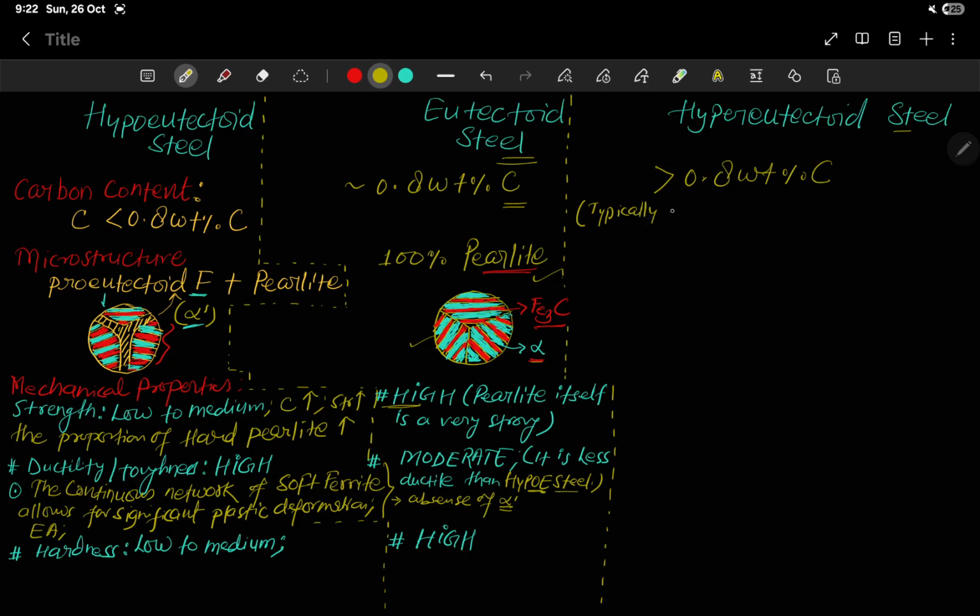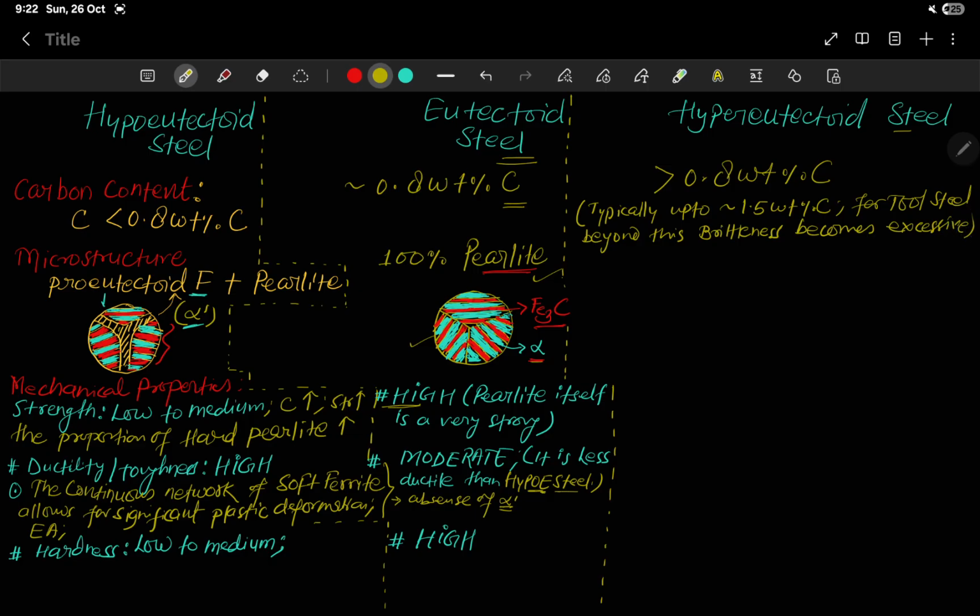Typically up to 1.5 weight percent of carbon is used for tool steel, and beyond this brittleness becomes excessive.